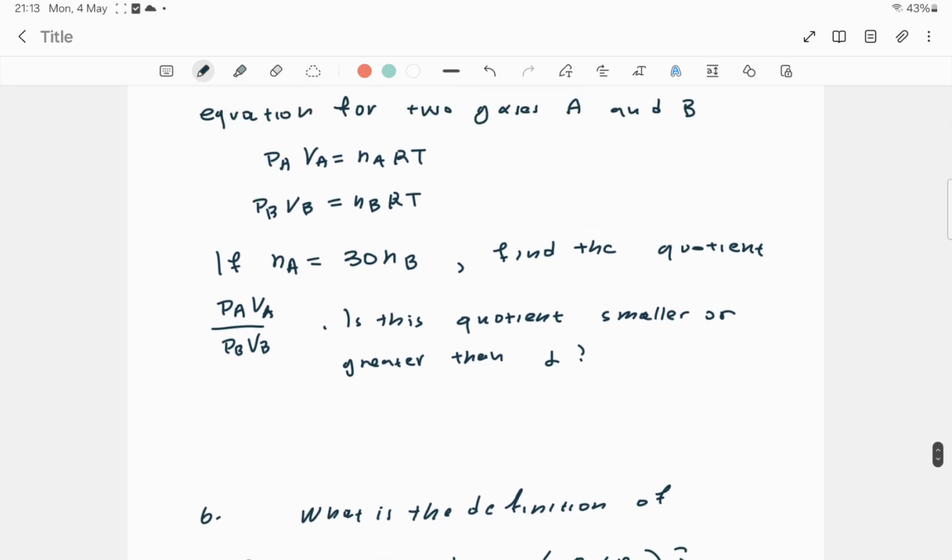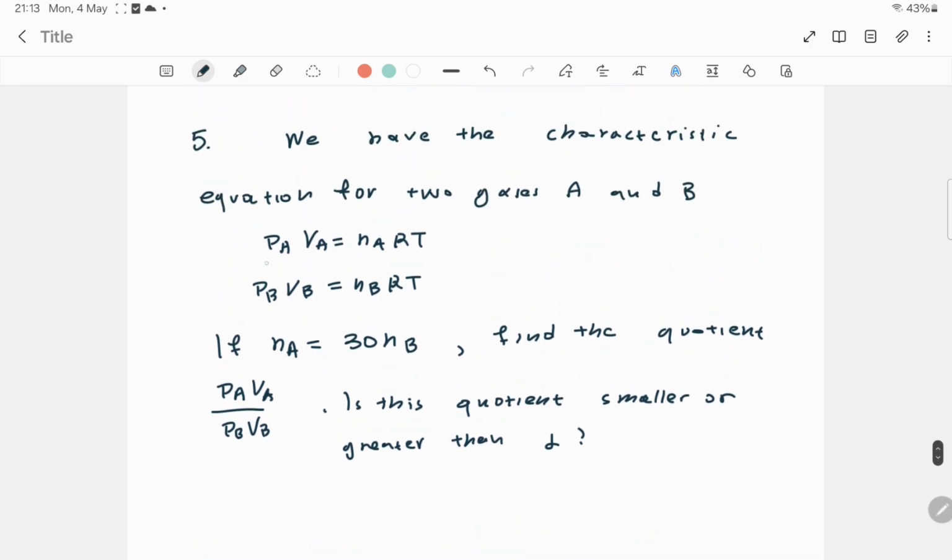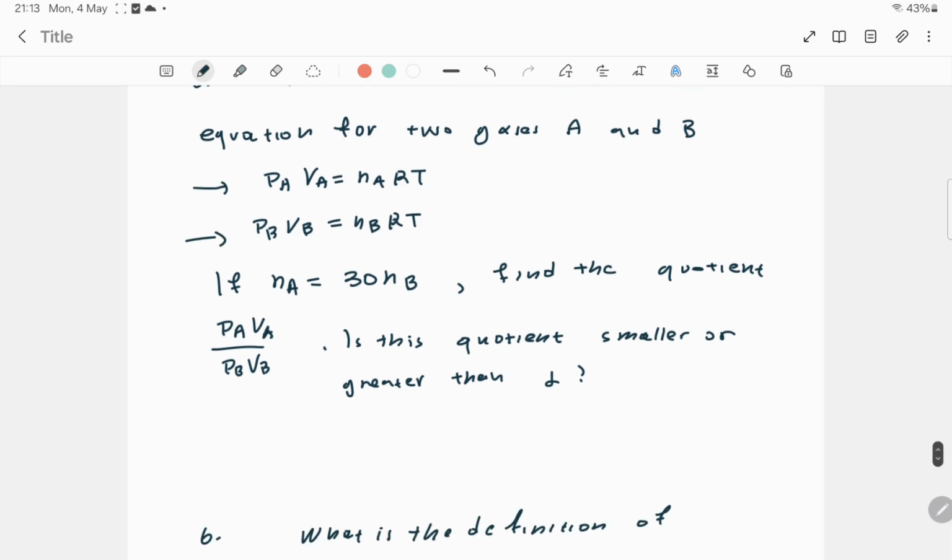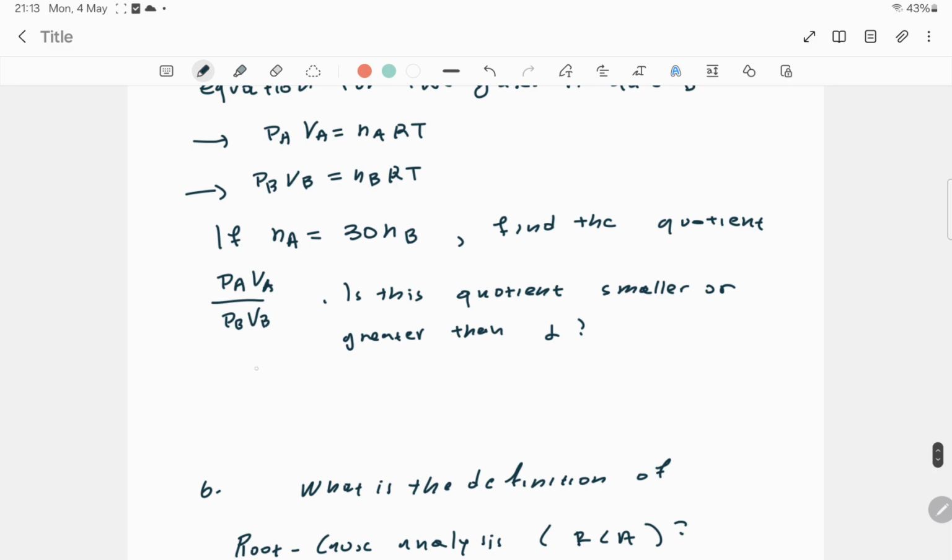Now let's go to this one. We have the characteristic equation for gas A and gas B, and we want to find that if this relationship holds between nA and nB, what is this quotient PA VA over PB VB? Again, we work in the same manner.